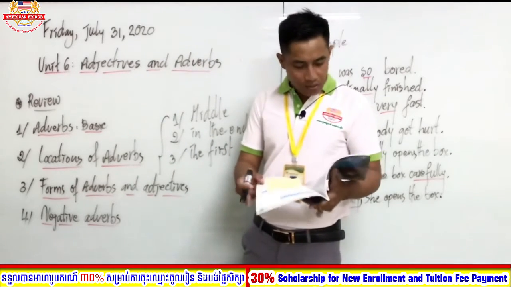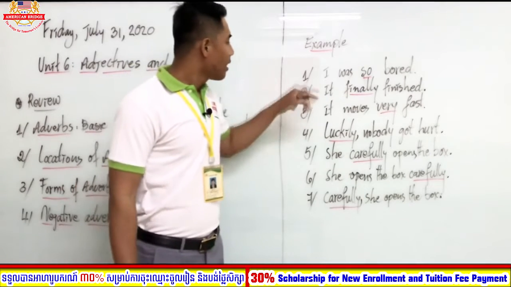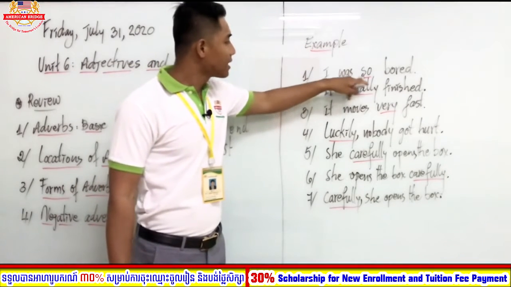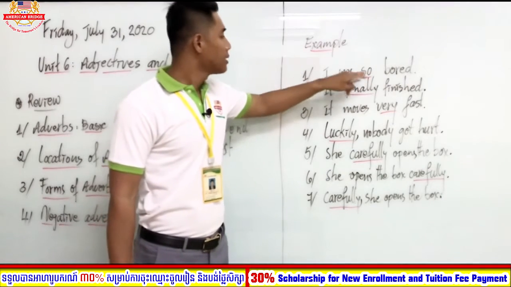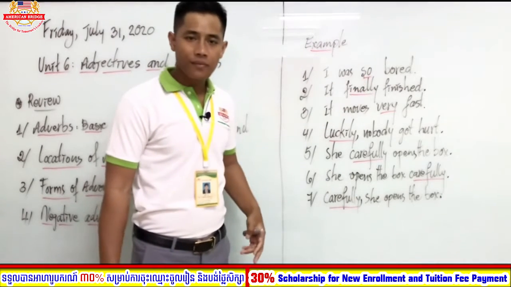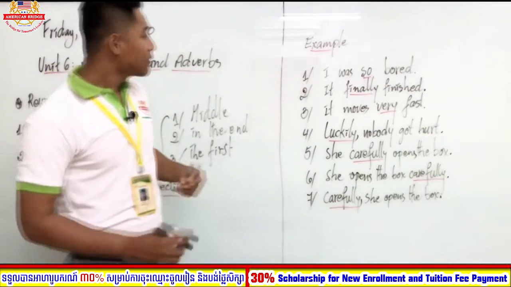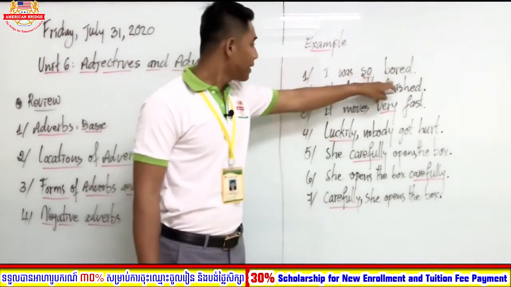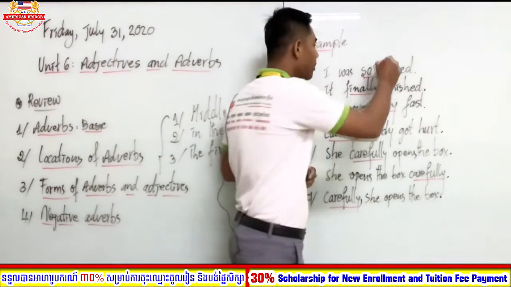Okay students, now let's look at the examples. For number 1, tell me about this sentence. Look at so. Is so an adverb or an adjective? To know whether so is an adverb or adjective, please look at the word after it, the word brought.